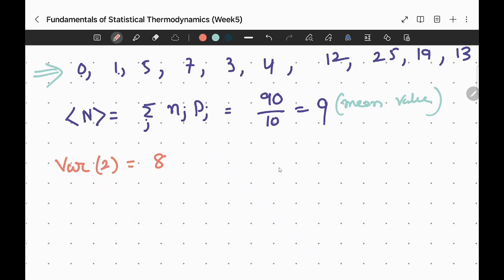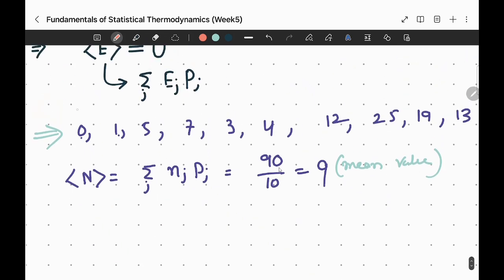For 5, what will be the variance? 4. So for each case you can write down the variance. It will be 9, 8, 4, 2, 6, 5, -3, -13, then -10, -4.